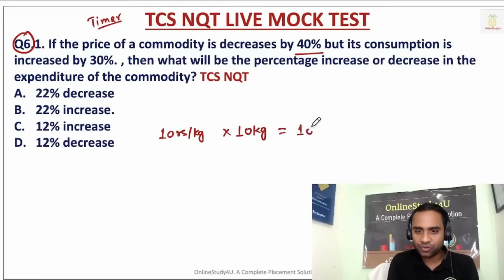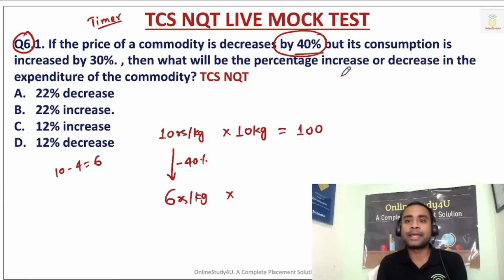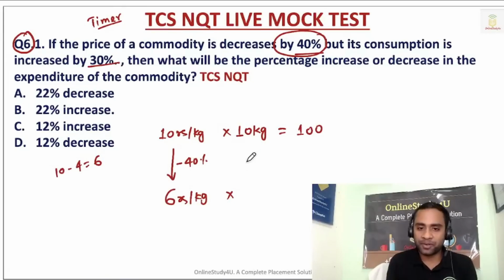So your expenditure is total 100 rupees. Now 40% decrement, so 40% of 10 is 4. That means now the price will become 6 rupees per kg. And consumption is increased by 30%. 30% of 10 is 3.